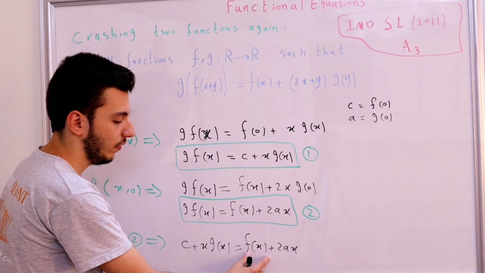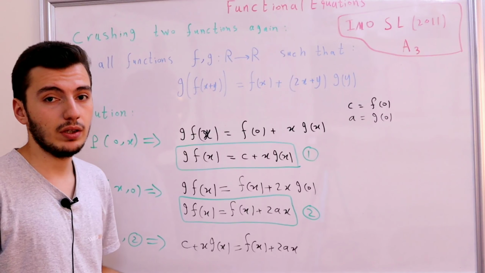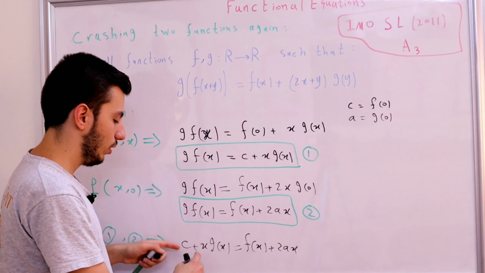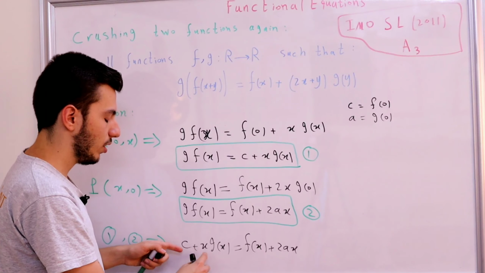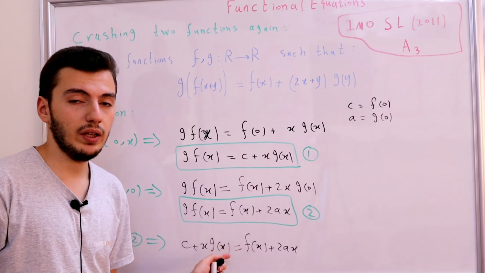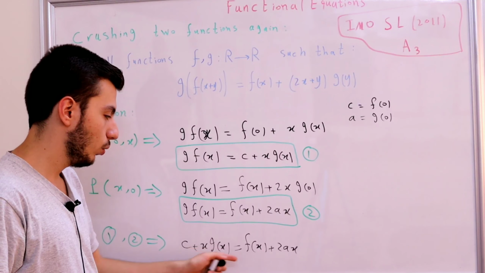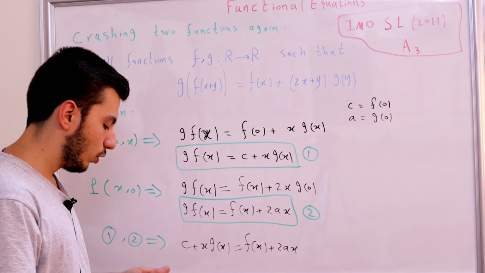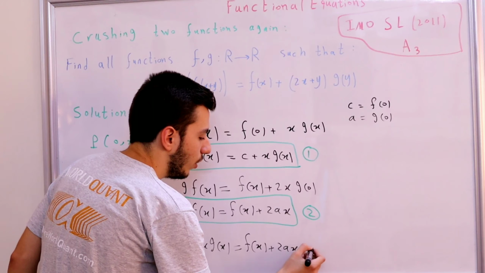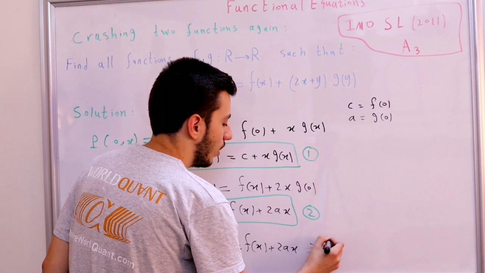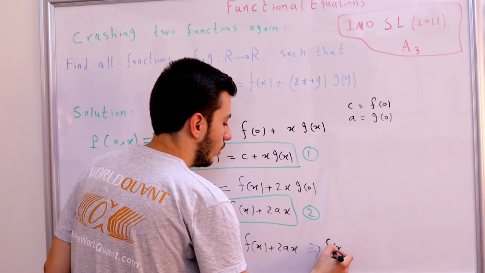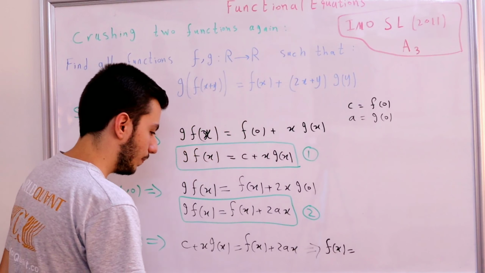I can calculate f. If you told me g of x is x, then I can calculate f of x. It will be c plus x squared minus 2 times a times x. So this means that we have calculated the value of f.